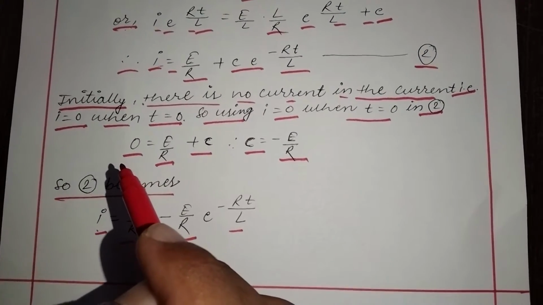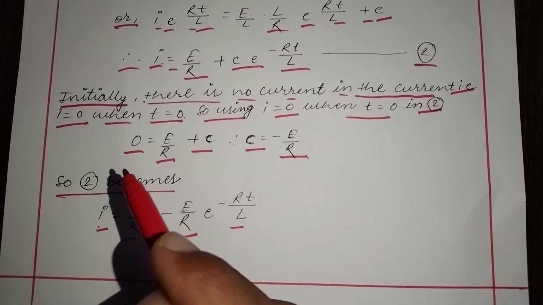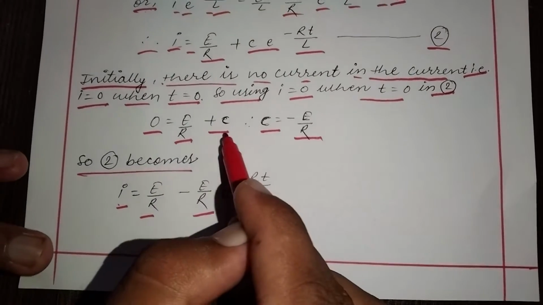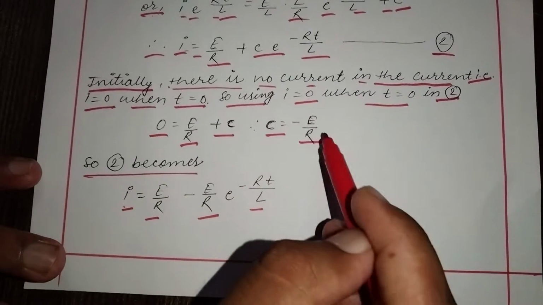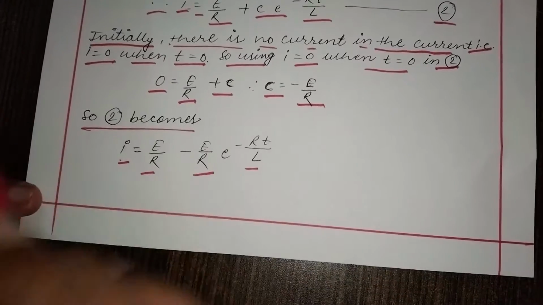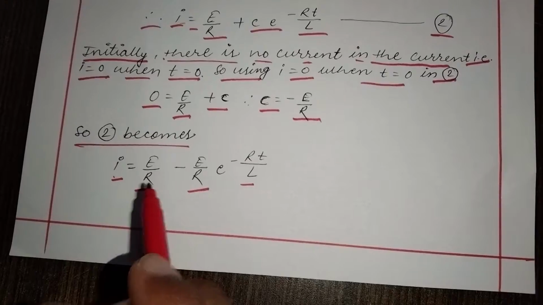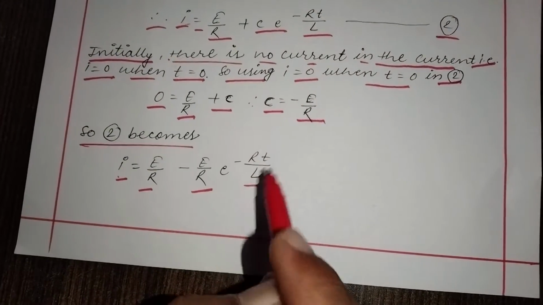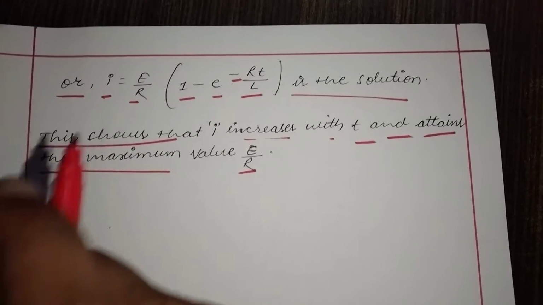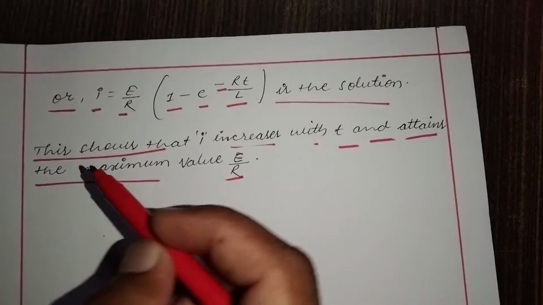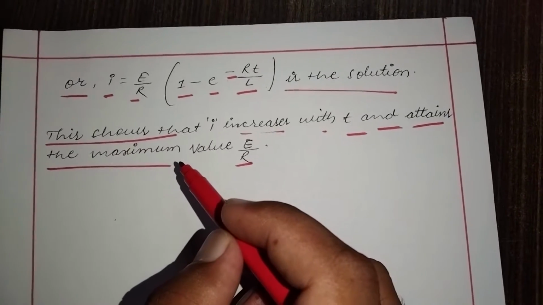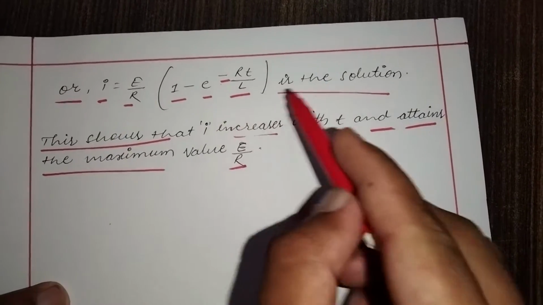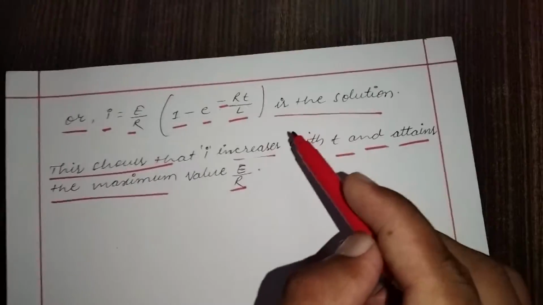So, using I equals 0 when t equals 0 in equation 2, 0 equals E by R plus C. Therefore, C equals minus E by R. So equation 2 becomes I equals E by R minus E by R e to the power minus Rt by L, or I equals E by R times the bracket 1 minus e to the power minus Rt by L, which is the required solution of this problem.